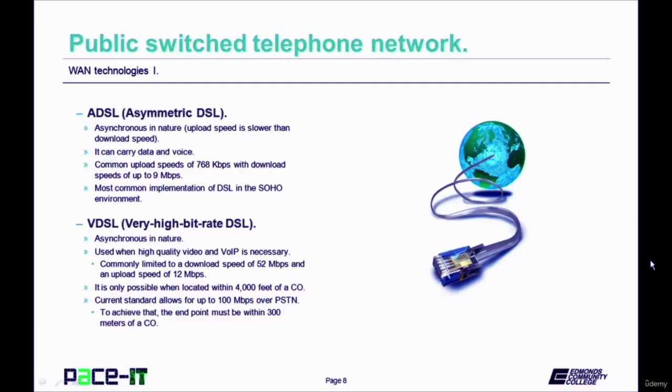ADSL can carry data and voice. Common upload speeds for ADSL are 768 kilobits per second, with download speeds of up to 9 megabits per second. It is the most common implementation of DSL in the small office, home office environment.